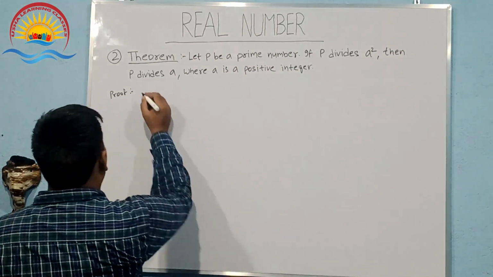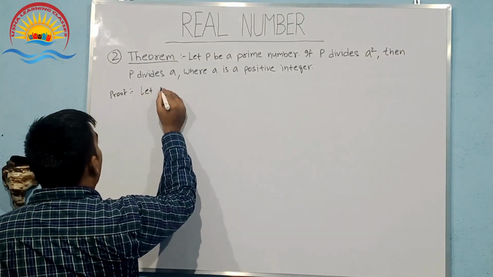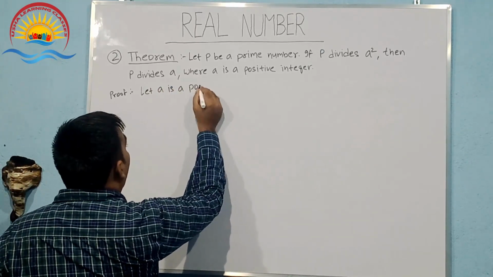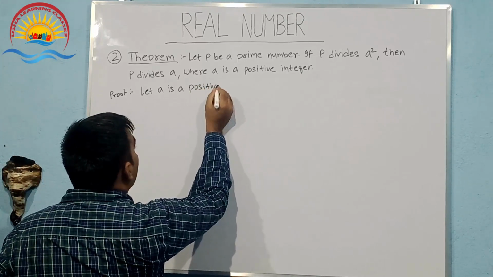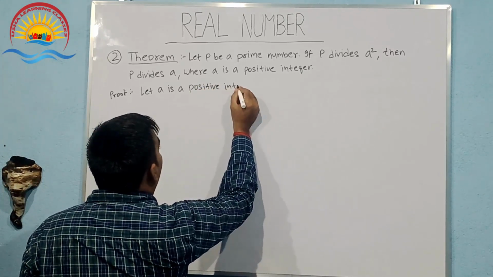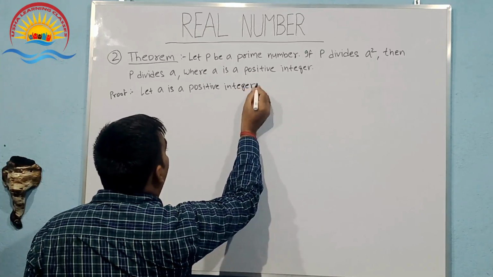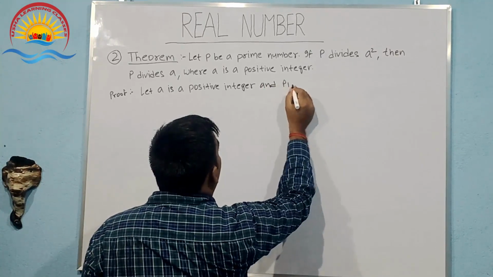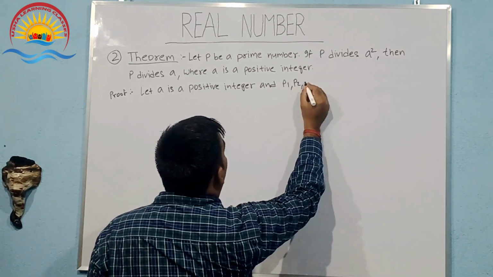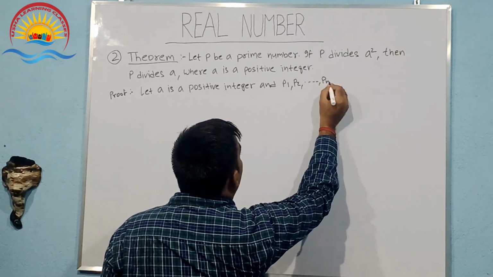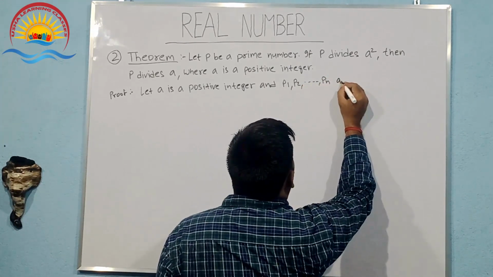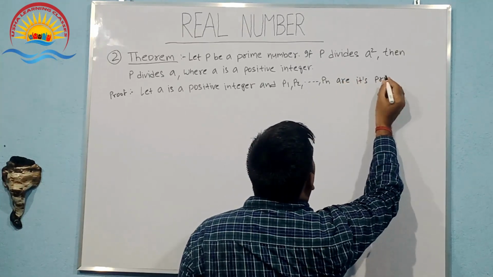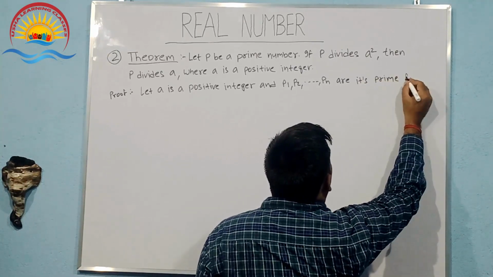So let a be a positive integer and p1, p2, pn are its prime factors.